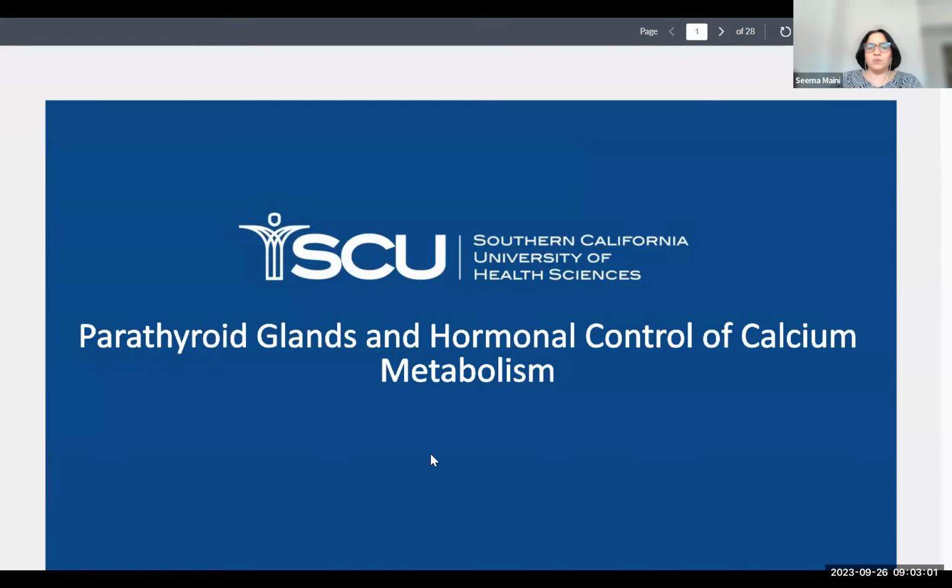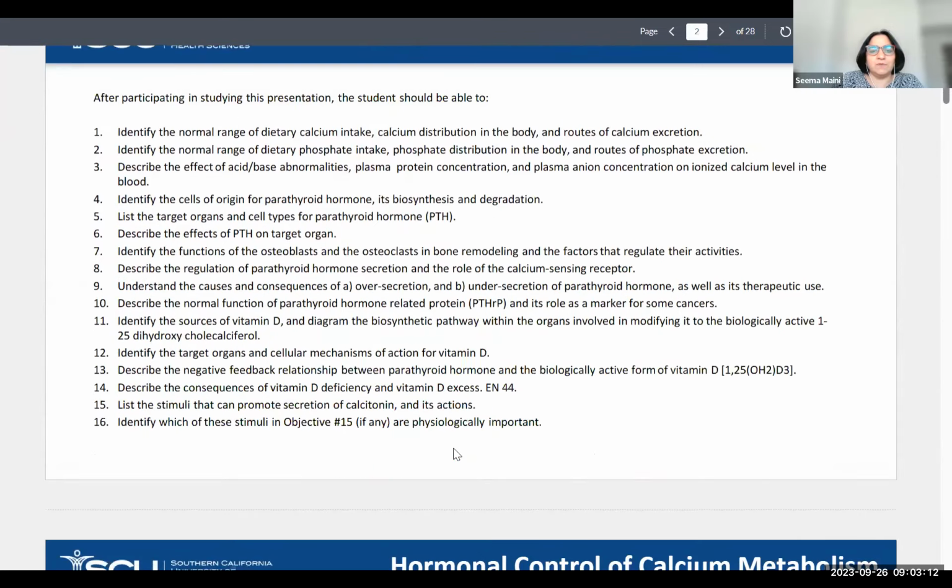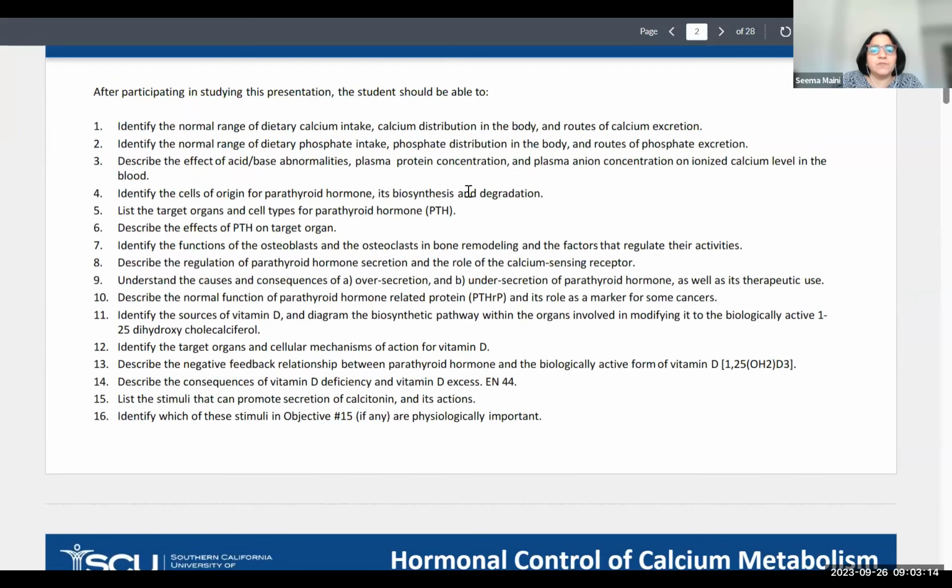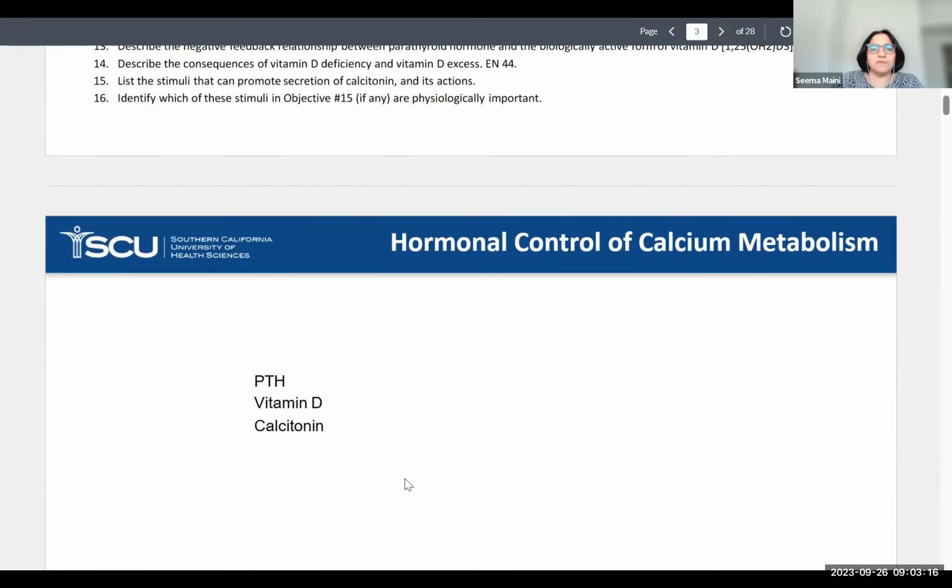Okay. So we are going to learn about calcium homeostasis. Calcium ions. Can you enumerate the functions of calcium ions in the body? We are going to complete all these objectives.